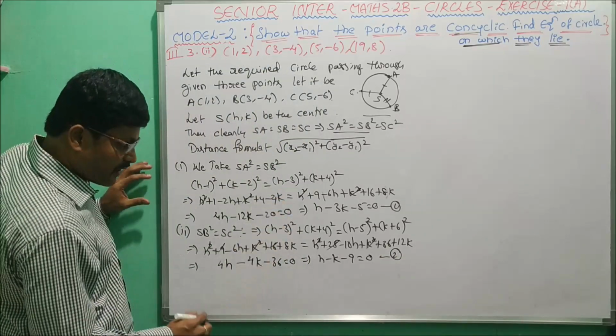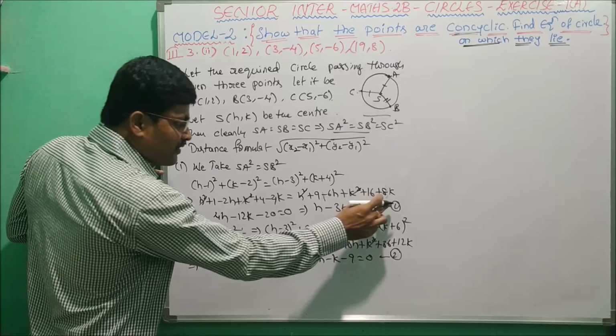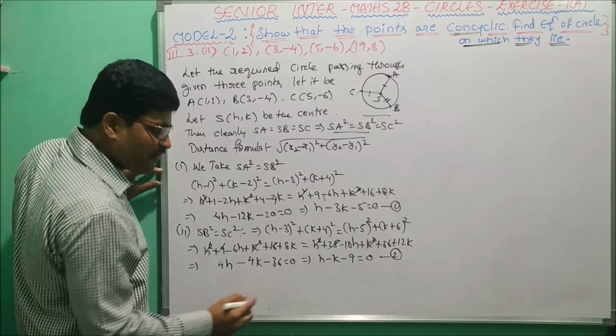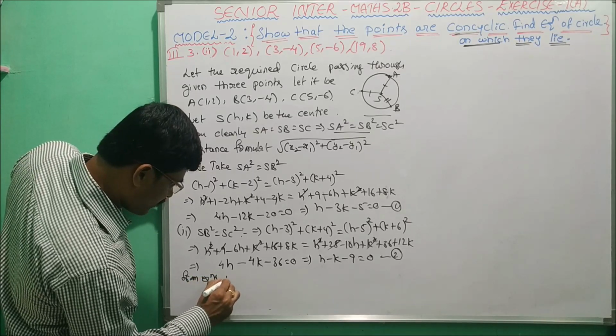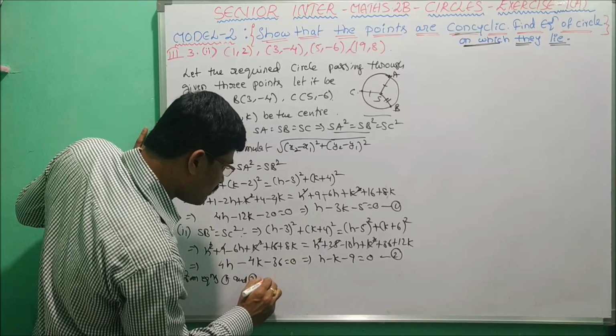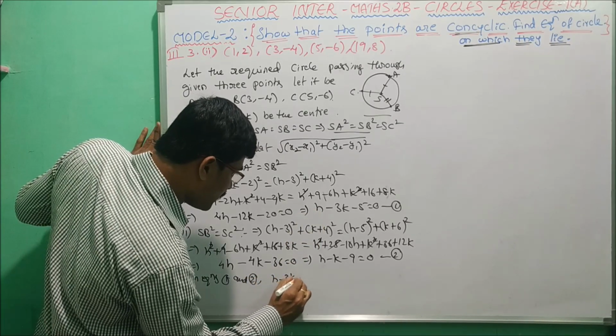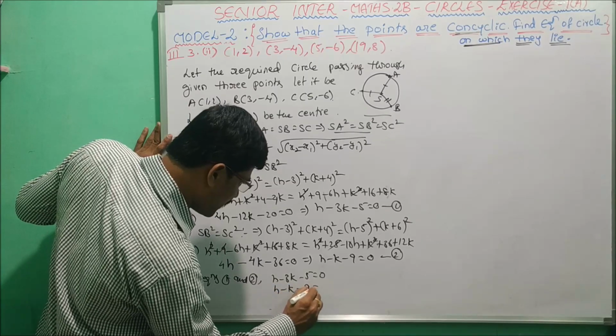Now solving equations 1 and 2. Here we observe the h's are equal, so we subtract equation 2 from equation 1. Here we observe h minus 3k minus 5 equals 0, h minus k minus 9 equals 0.